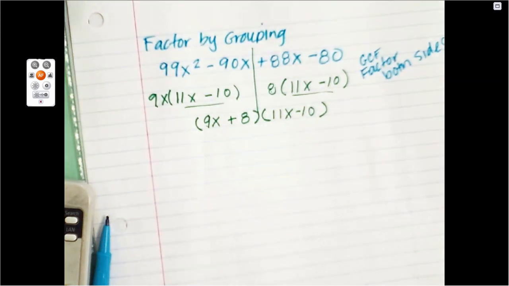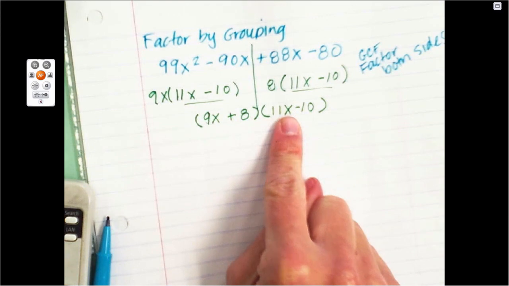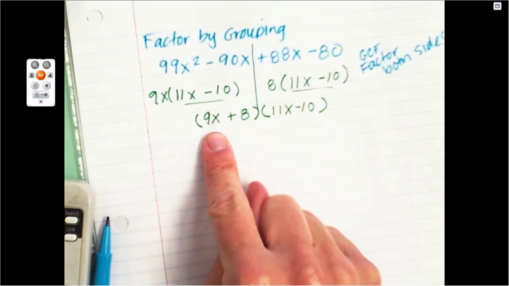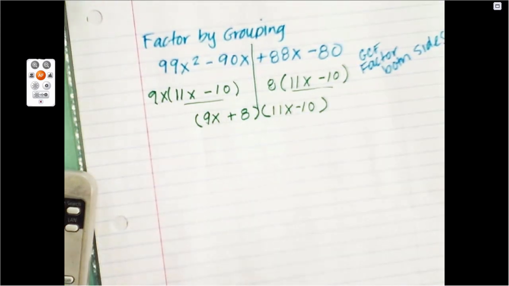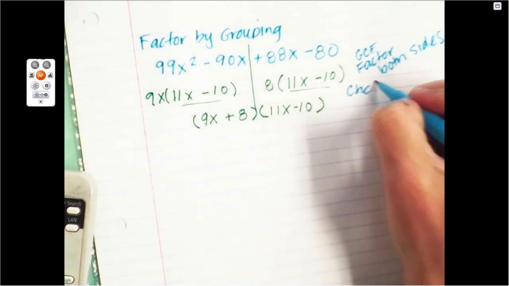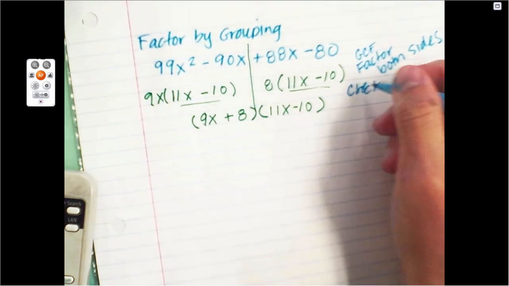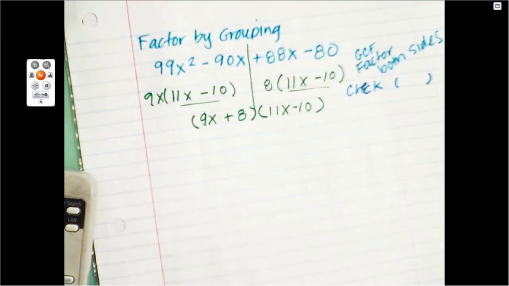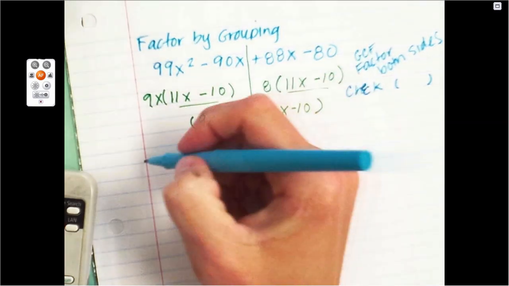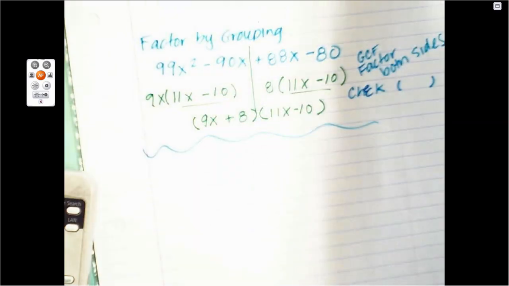It doesn't matter really if you put 9x plus 8 in the second set of parentheses and 11x plus 10 in the first, that's fine. Either one is fine. 9x plus 8. Oops, check. Parentheses. I'm going to give you another example. So here's another example. I want to give one with a negative on it.